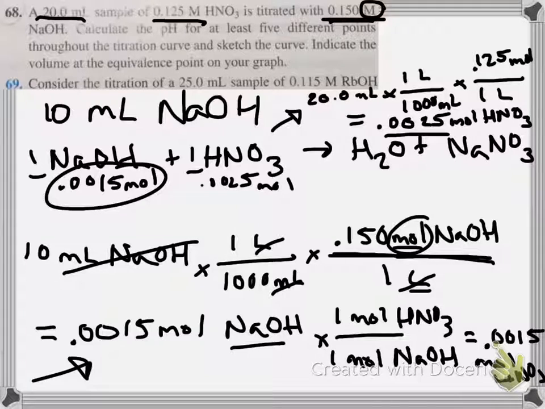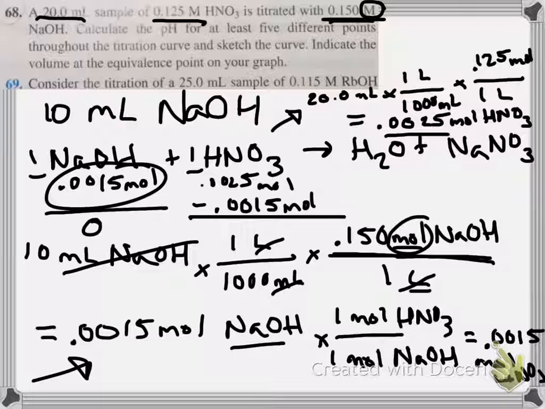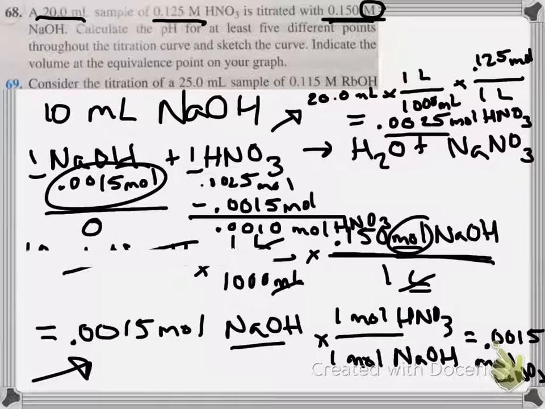So this reacts totally with the sodium hydroxide, so I'm left with 0 moles of sodium hydroxide, and I'm left with 0.001 moles of nitric acid. I'm just going to clear this.